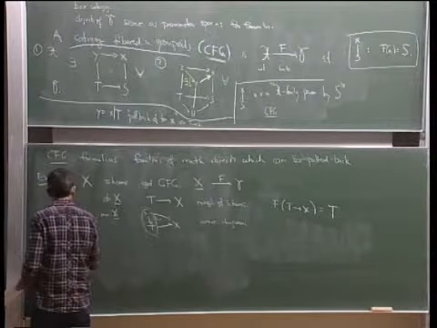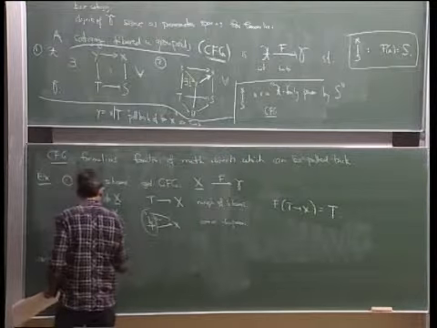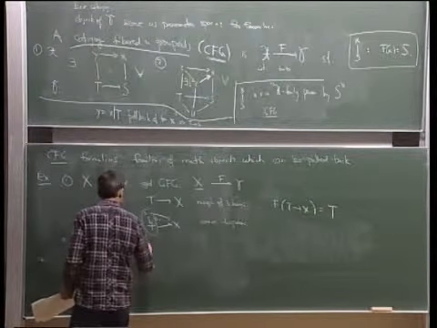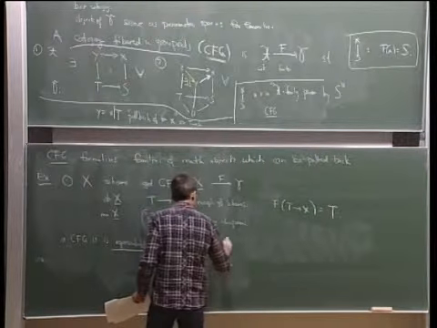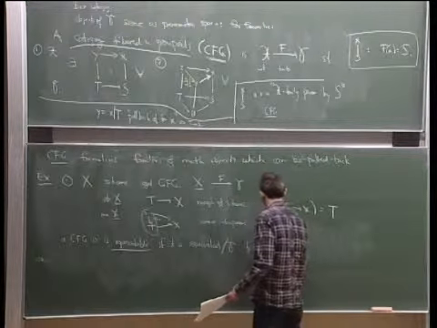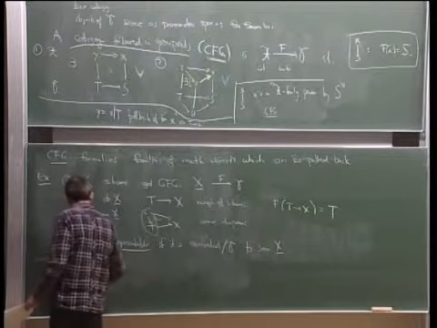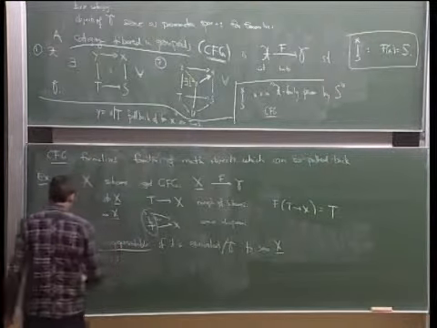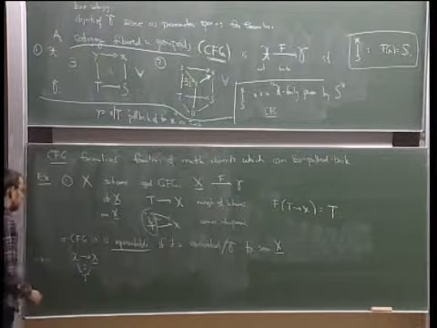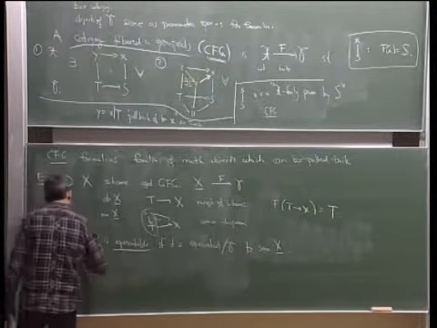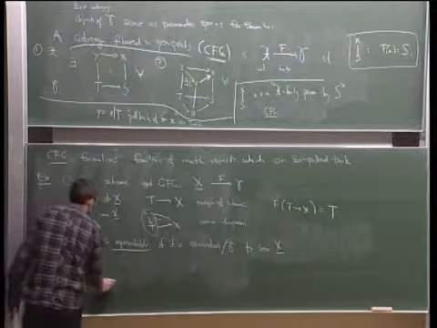So if you have an arbitrary category fibered in groupoids over S, and then you have one of these guys, and you have an equivalence of categories which commutes with the projections to S, so this is an equivalence of categories.